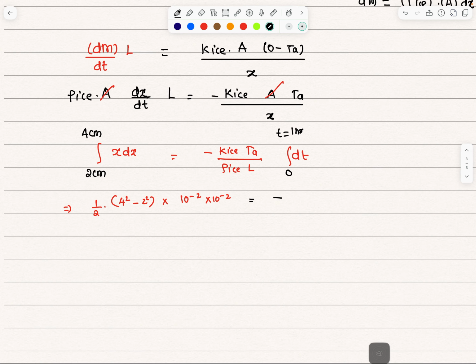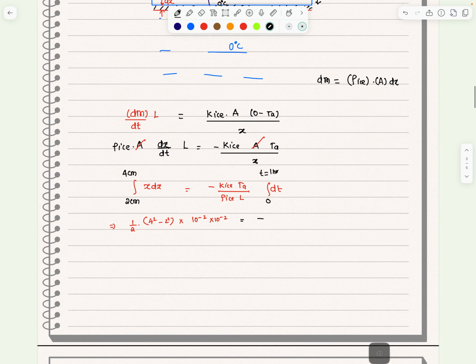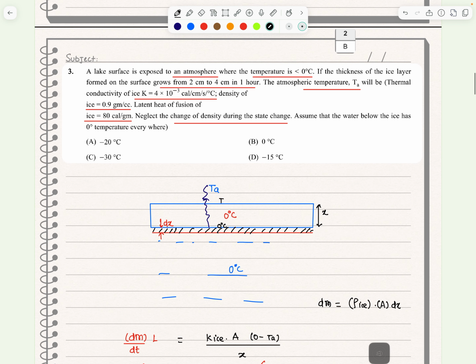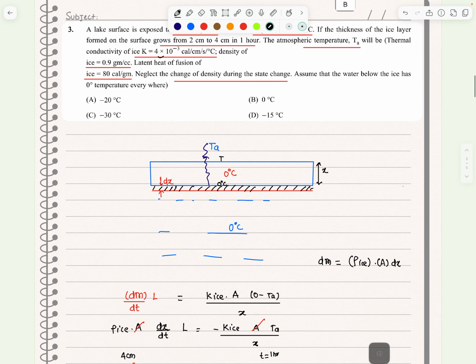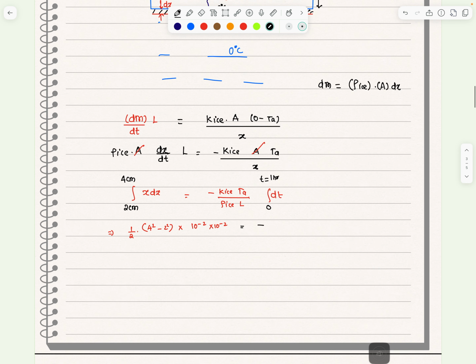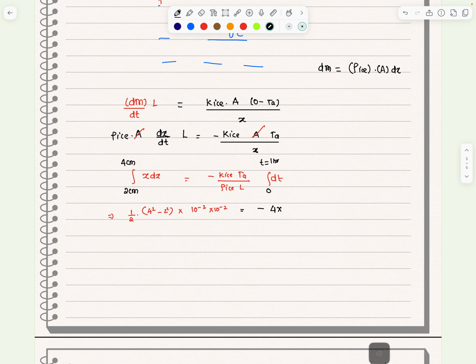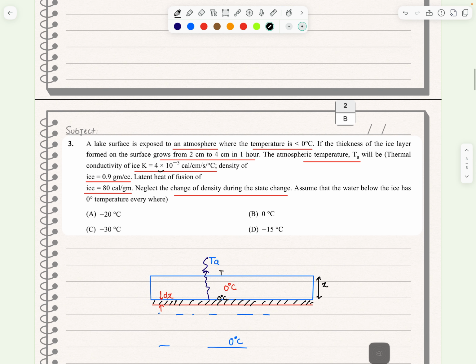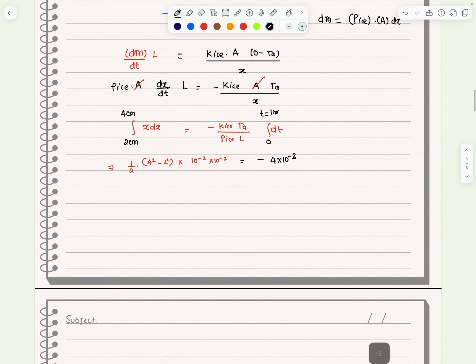That is, K of ice we will write here. What is K of ice? The value of K of ice is given to you, 4 into 10 to the minus 3, calorie per second per degree centigrade. So no need to convert into meter, let it be as centimeter only. I'm not converting in this part.